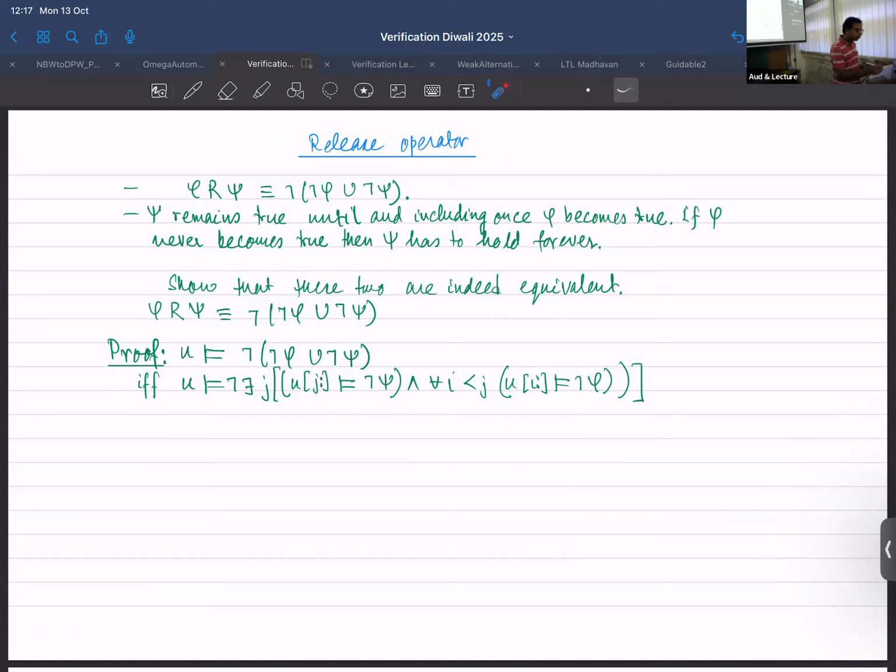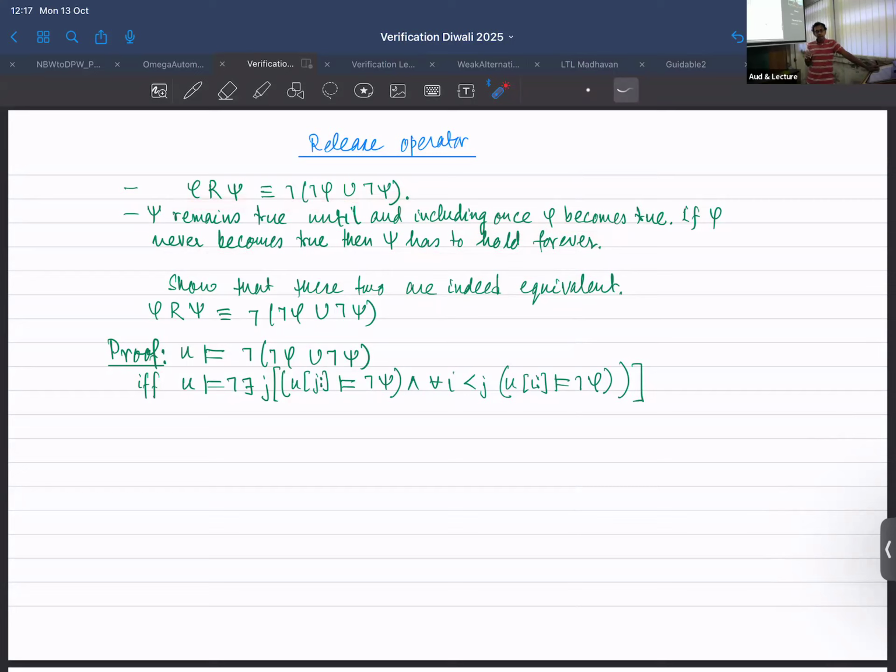So this is the definition of the release as we discussed, right? So psi remains true until and including one phi becomes true. And if phi never becomes true, then psi has to hold forever, right? Now I am claiming that this is indeed the same as this.